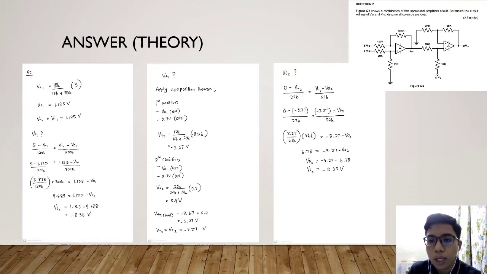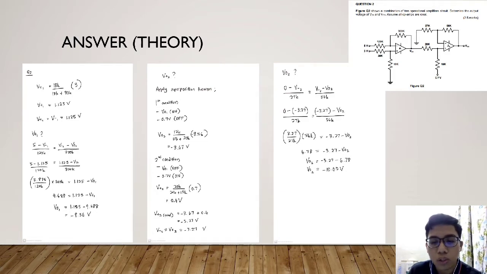Therefore, we have to apply Thevenin for VTH for both voltage supplies. For the first condition, V out 1 is on and the 0.7 volt is off. So V plus 2 is equal to 15k over 15k plus 20k times its voltage supply, which is negative 8.56 volt, and we get negative 3.67 volt.